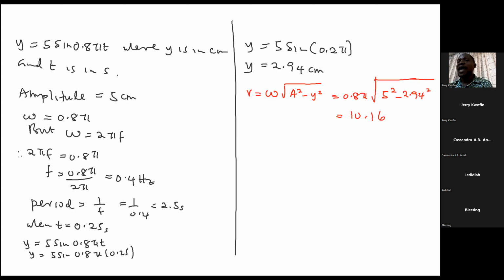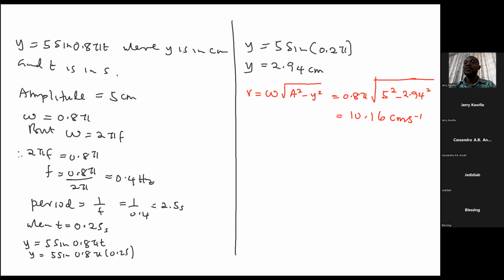We have the amplitude in centimeters. The instantaneous displacement is also in centimeters. So our velocity should be in centimeters per second. But we can also express the velocity in meters per second. As it is now, the evaluation should return an answer in centimeters per second. All right, that is about the velocity.